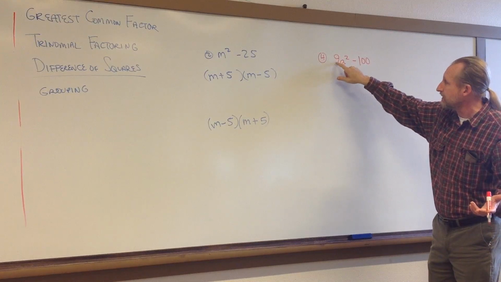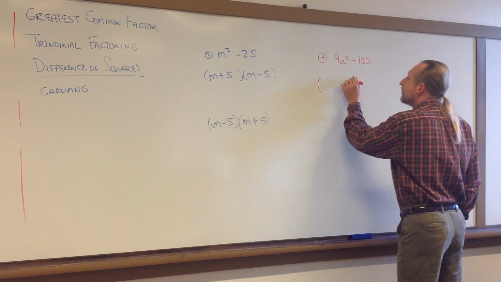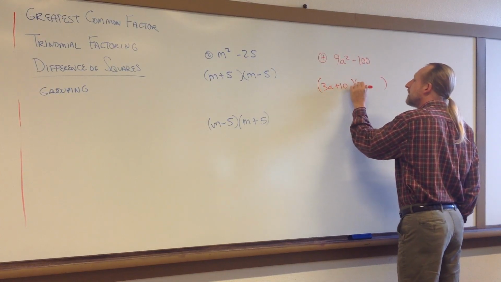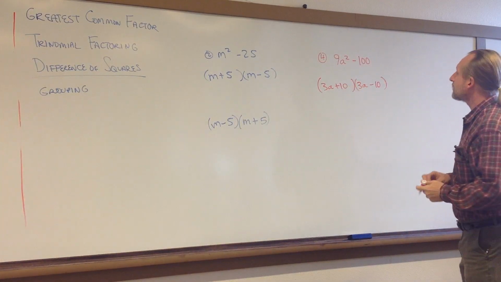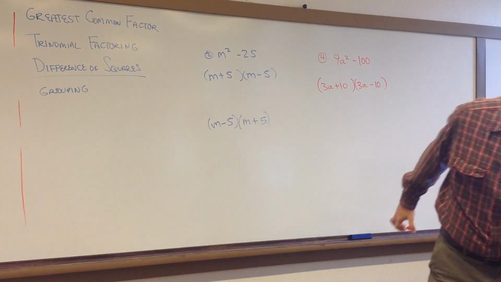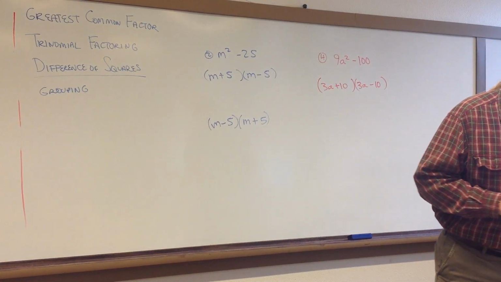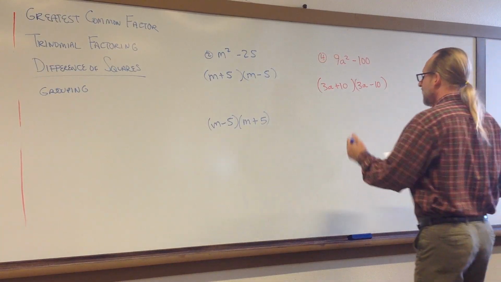The 9 is 3 squared, and the a squared is obviously a squared. So we can split this up and make it 3a plus 10 times 3a minus 10. Problem 6 is very similar to that, as is problem 8.